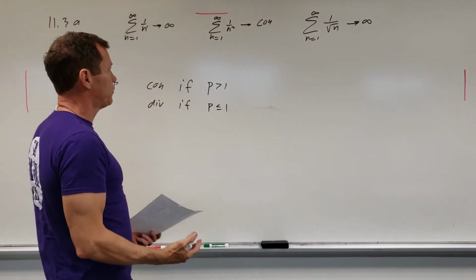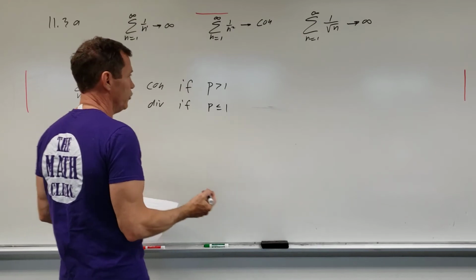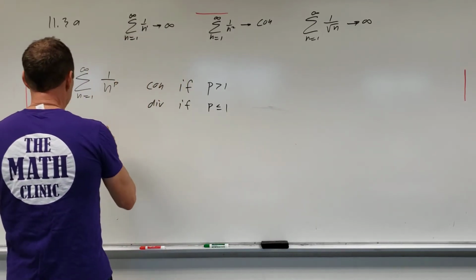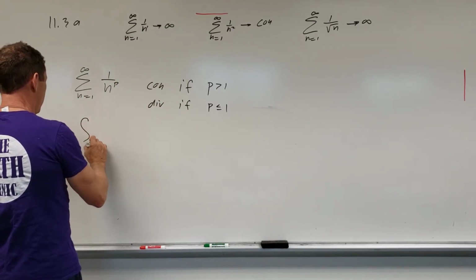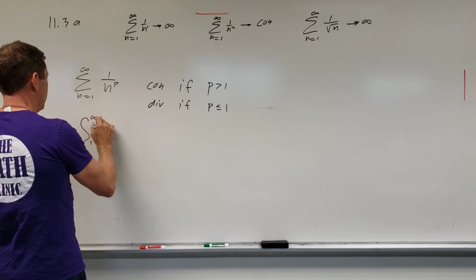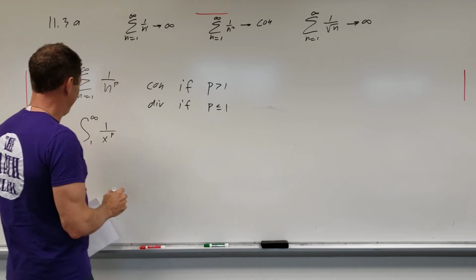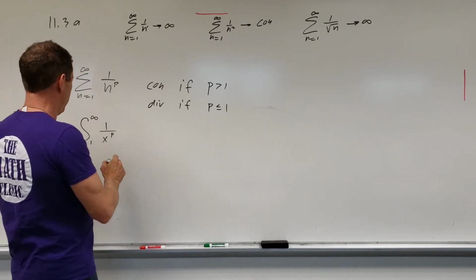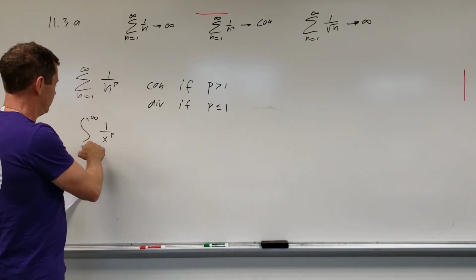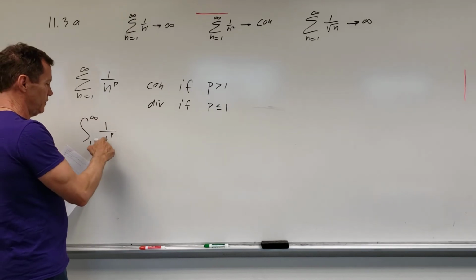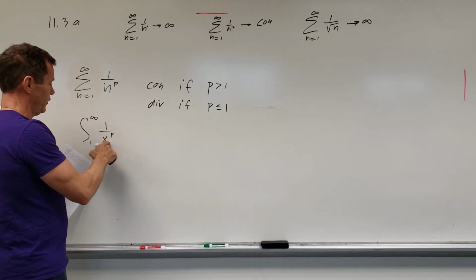Okay, now let's prove it using the integral test. Let's look at the integral from 1 to infinity of 1 over x to the p. Now, is this positive? Well, my x's are positive. Is it decreasing?